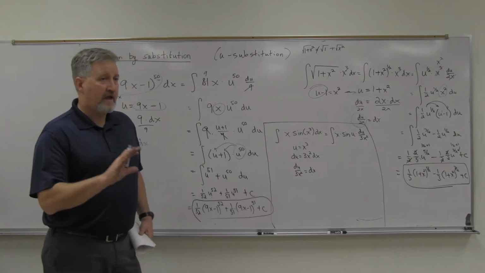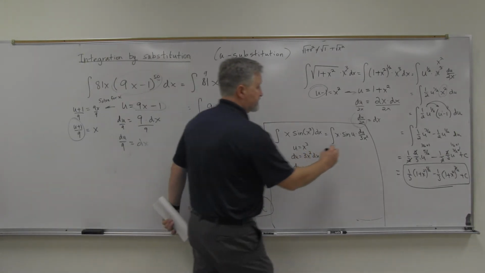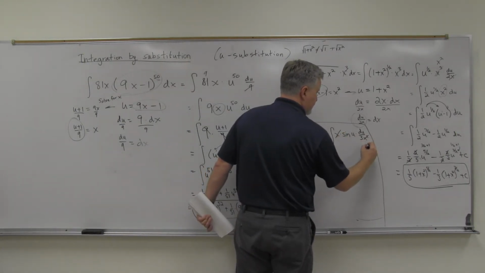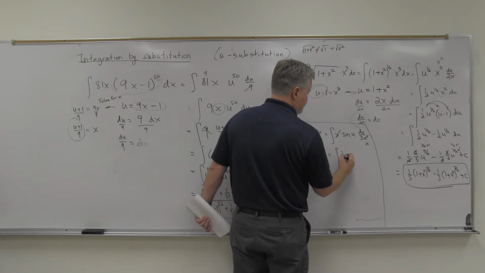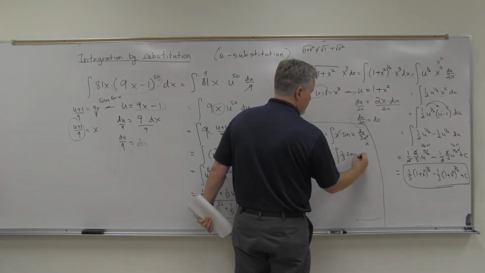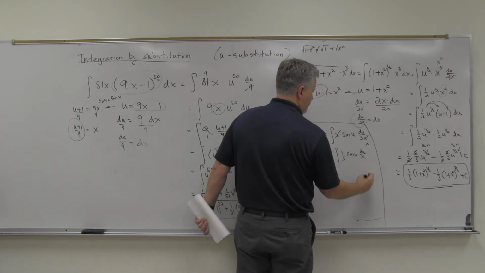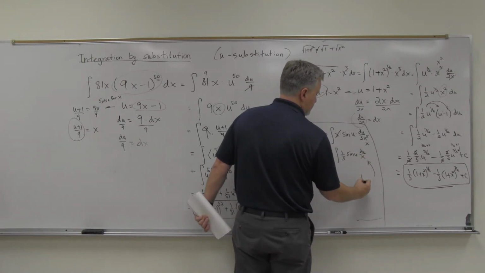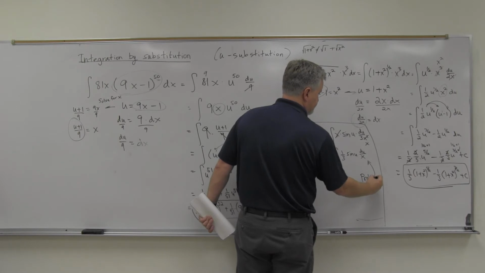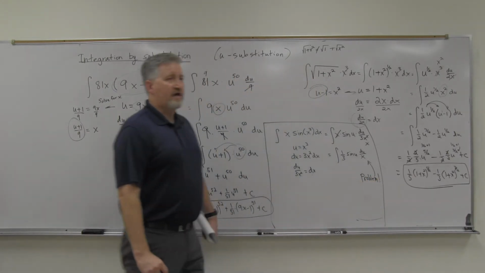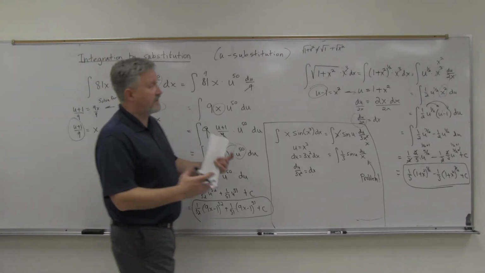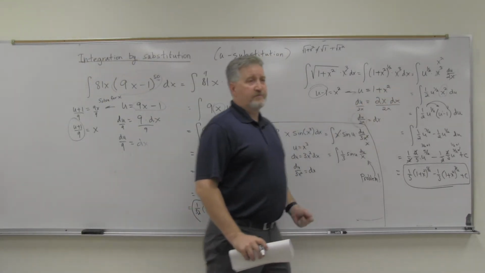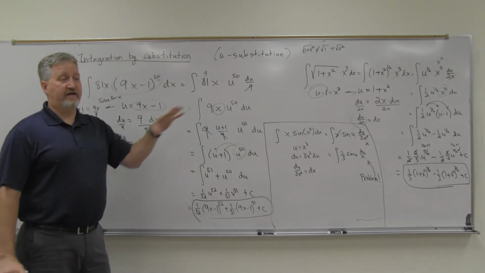What happens differently in this one is, notice, this x will cancel into that x squared and leave me an x. So basically what I have is 1/3 sine of u du over x. That's a problem. The reason this one is different from the previous two, where I still had an x or an x squared after the substitution, is where this x occurs.